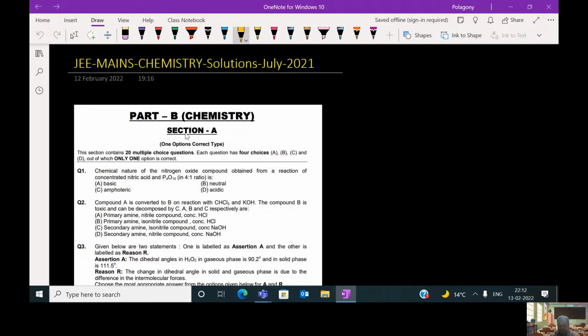So, first question. Here, the first question is the chemical nature of the nitrogen oxide. The chemical nature of the nitrogen oxide compound obtained from a reaction of concentrated nitric acid and P4O10 in 4:1 ratio is asked.